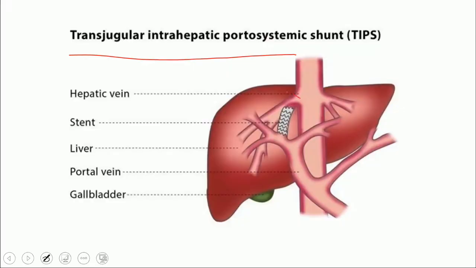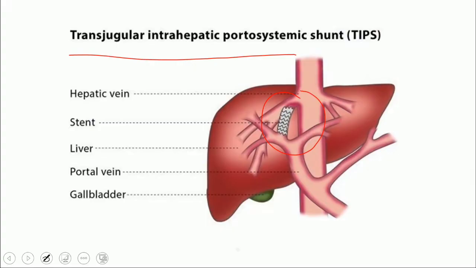The body generates portosystemic anastomoses to lower the portal pressure. Here we are artificially creating a portosystemic shunt, and that lowers the portal pressure, reducing the ascites. So the TIPS procedure can be used in patients who have refractory recurrent ascites.